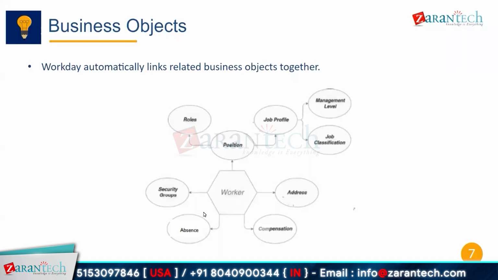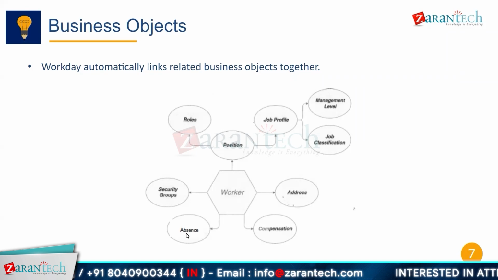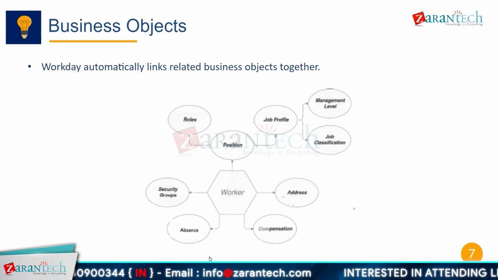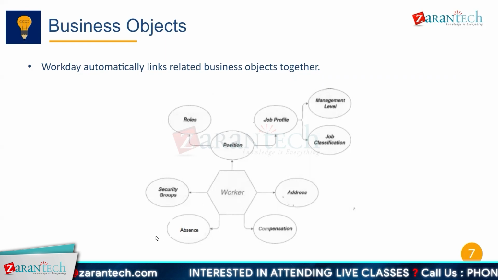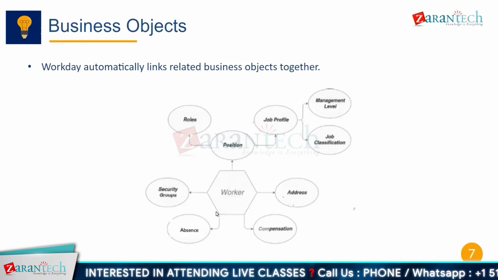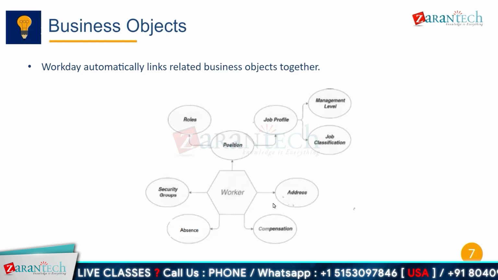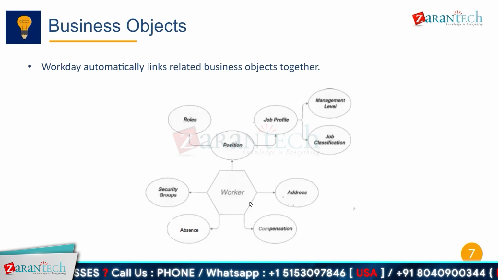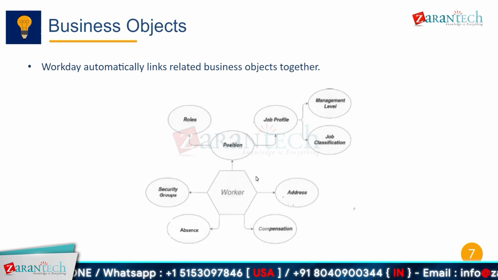There might be a senior level staff, maybe a senior management staff, and as part of the company's policy, that worker might have some special vacation plan as part of their absence numbers. So again, I'm also a worker, that senior management person is also a worker, but these things can vary. The term worker is used generally in the Workday environment for everybody.